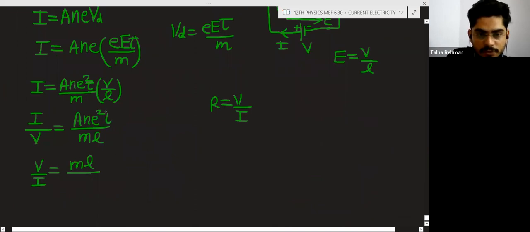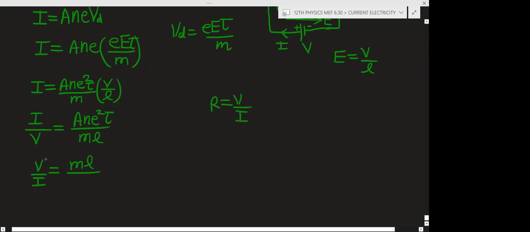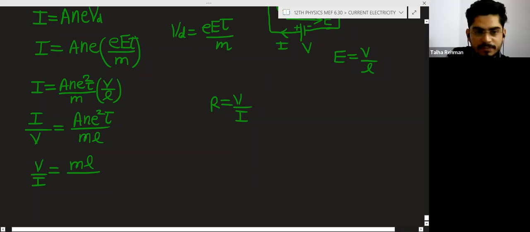So here tau will also come. Understood, guys? Actually, I had missed the tau here. Okay, is it okay? Yes, sir. So V upon I will become m L divided by A n e squared tau.